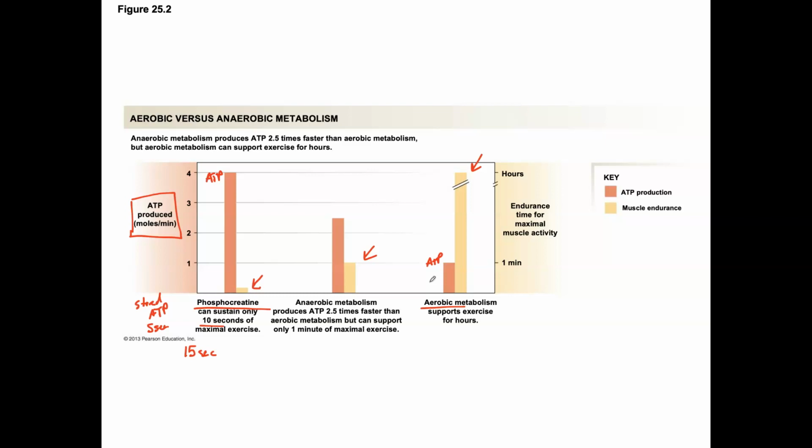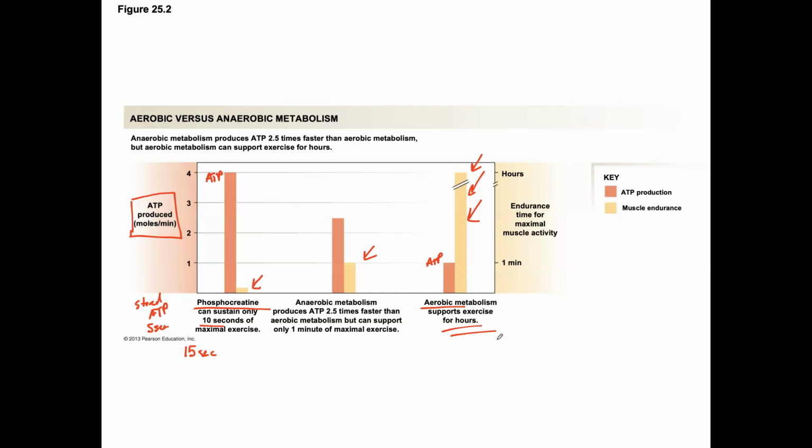So although it takes longer to produce ATP, the amount of ATP that you could produce for minutes to hours at a time allows for the endurance levels of aerobic metabolism to be very high. So you can sustain aerobic metabolism for hours at a time.